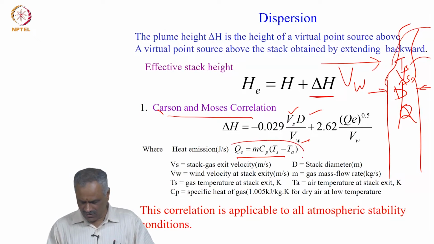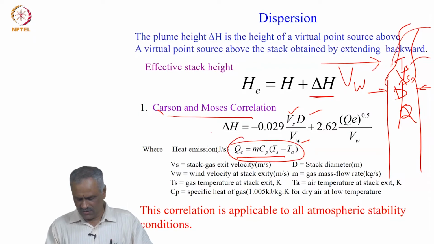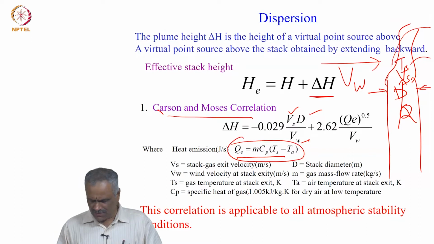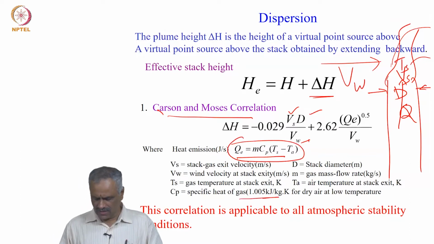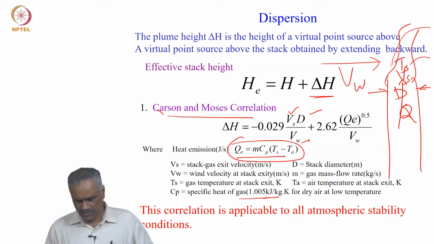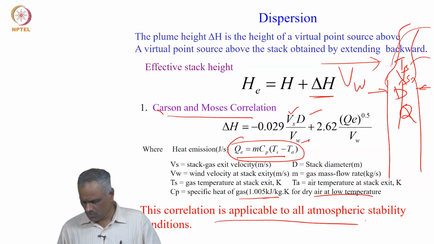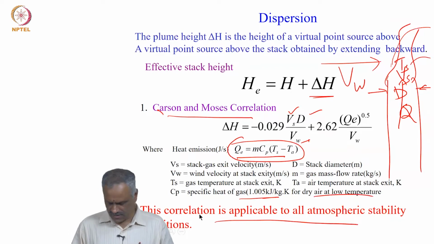So you can find the heat emission rate, substitute it here, and you will get the equation. The specific heat can be considered almost equal to that of air, 1.005 kilojoules per kg of dry air per degree of temperature. This correlation is applicable to all atmospheric stability.